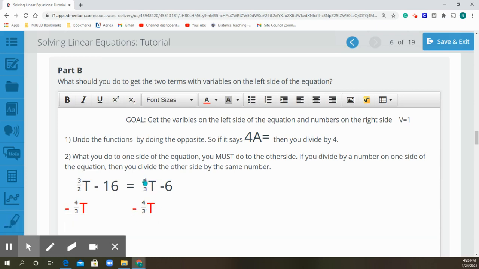So we're going to subtract 4 over 3t from this side of the equation and subtract it from this side over here. What that does is it eliminates it entirely from this side.